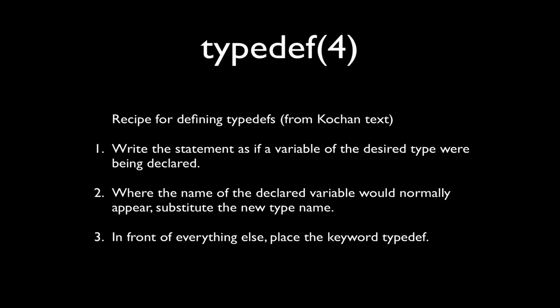And where the name of the declared variable would normally appear, go ahead and substitute the new type name or the alias, and then go over to the left and in front of all that, place the keyword typedef. If you remember these 3 steps, you'll always know how to do typedefs of the types that you come up with in your C program.